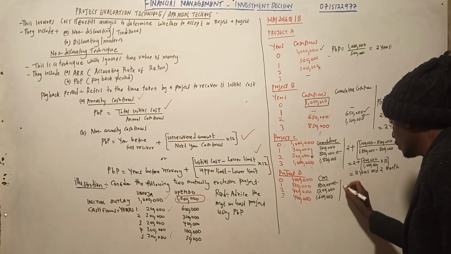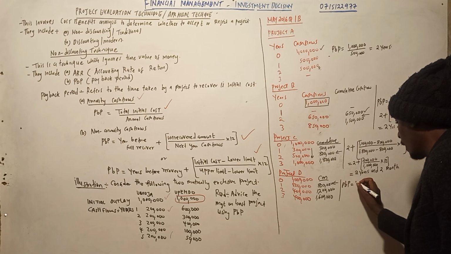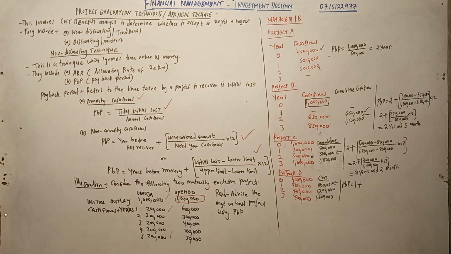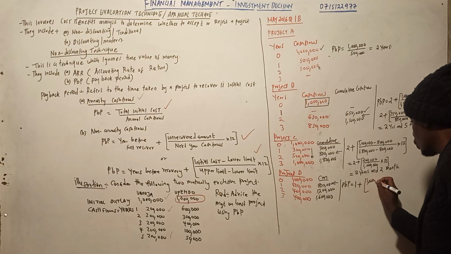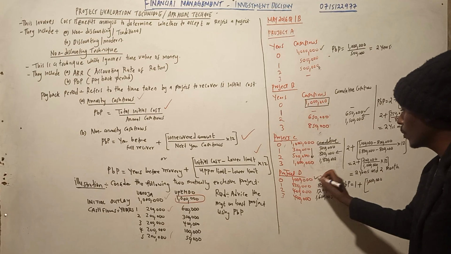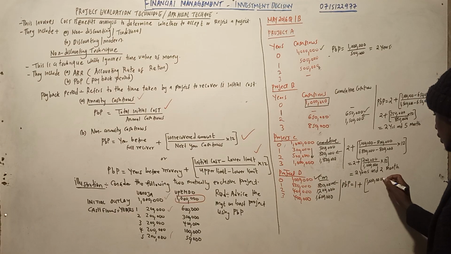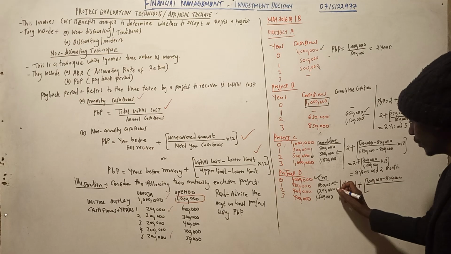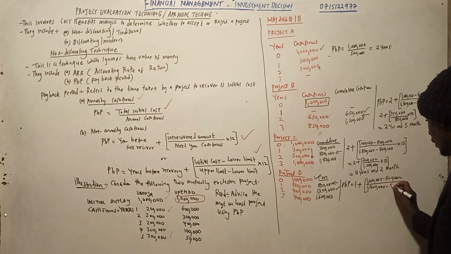So the payback period is year 1 plus the cost, which is 1 million initial cost at year 0. So our lower limit is 800,000, the year of recovery, divided by the upper limit 1,200,000 minus 800,000, times 12.